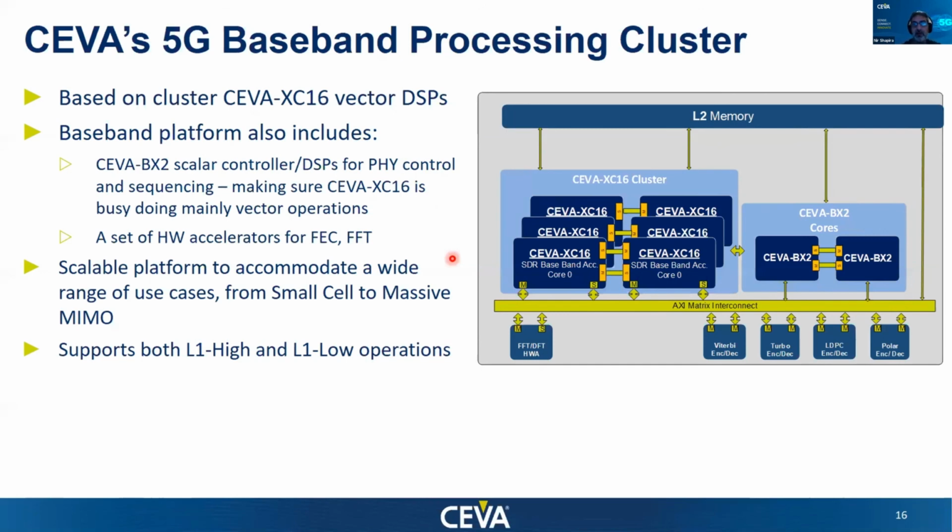The platform also includes control DSPs or controllers for doing tight PHY control operations, and a set of hardware accelerators that typically deal with forward error correction, which still does not map well to DSPs, and this is also part of the CEVA offering. And you can imagine this cluster handling baseband processing.